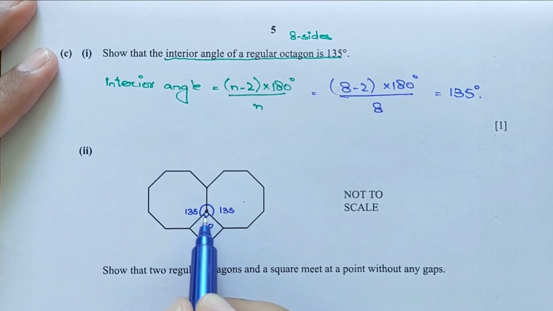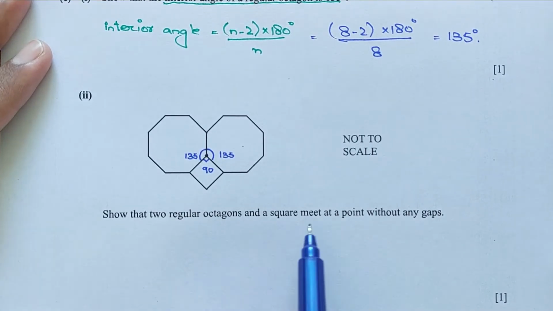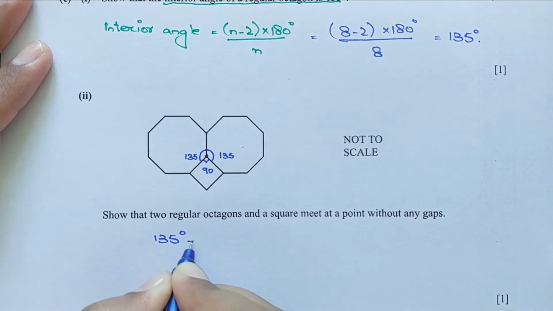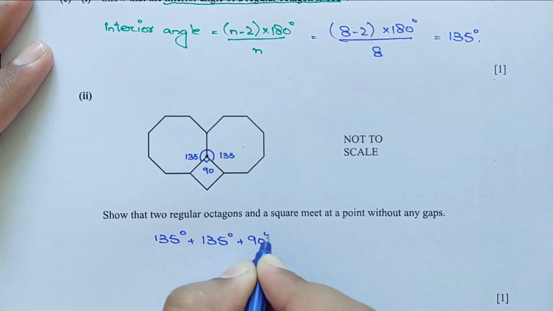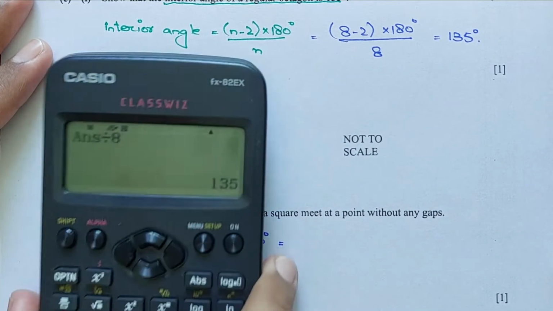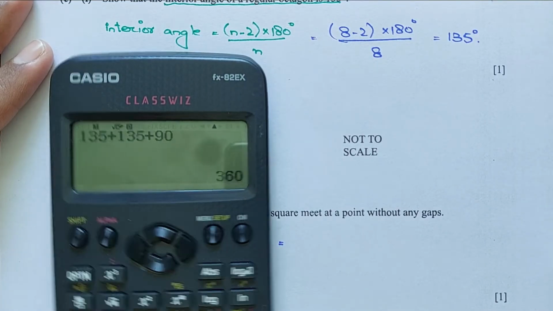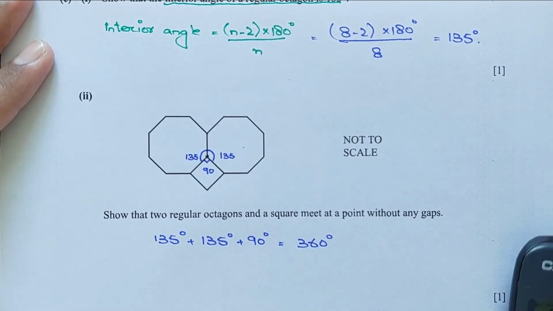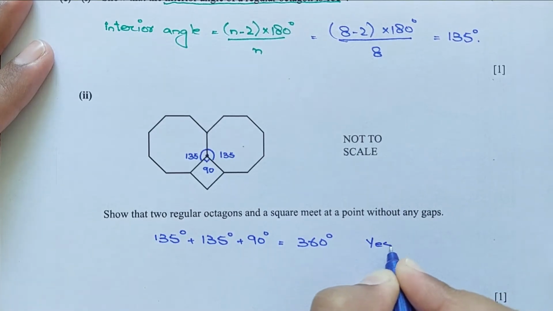If the sum of all these three angles is 360, it means that the two regular octagons and the square meet at a point, because angle at a point add up to 360. So 135 plus 135 plus 90, that is 360. Yes, so it is proved that the two regular octagons and a square meet at a point without any gap.